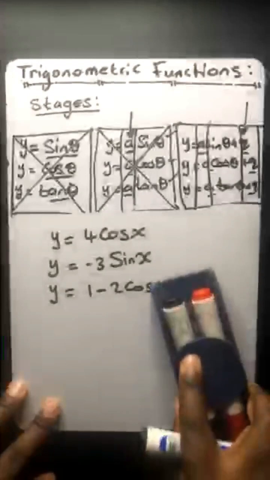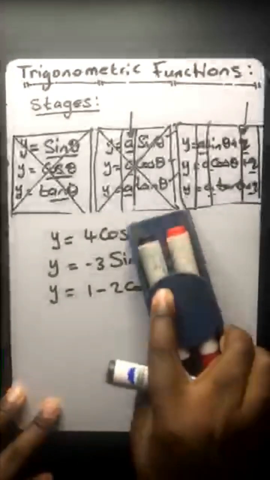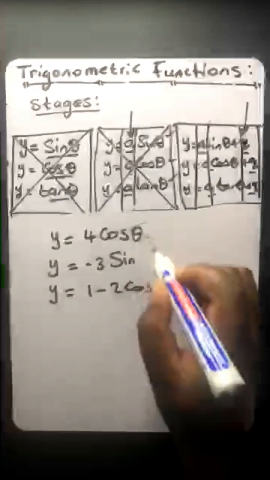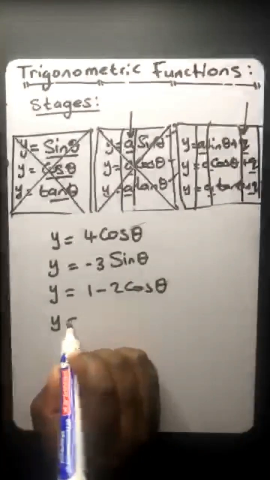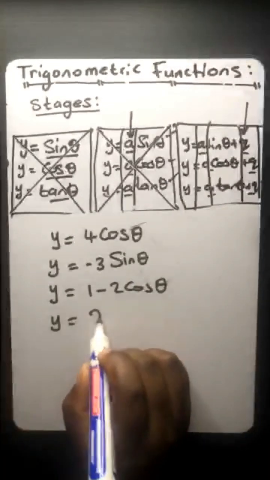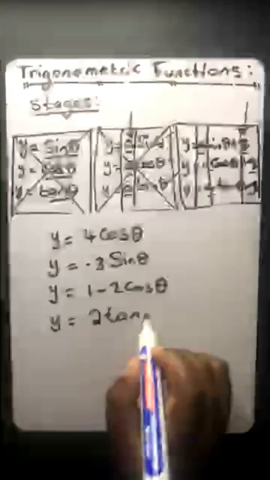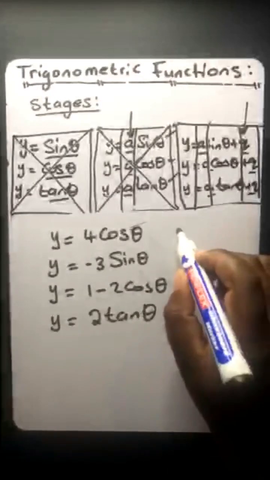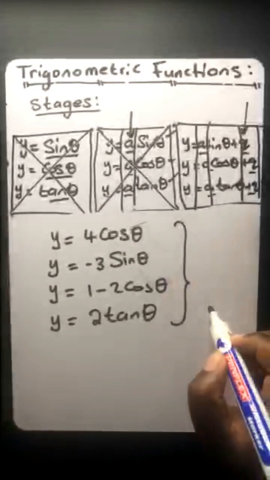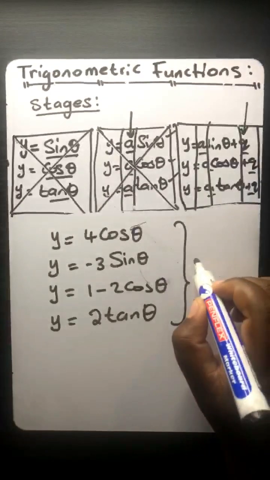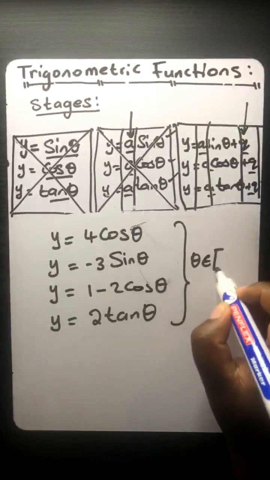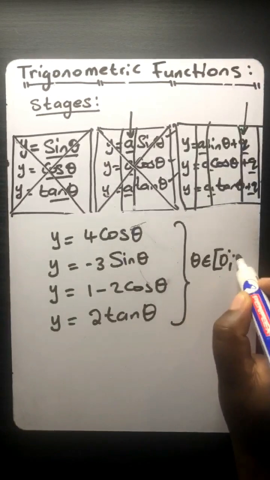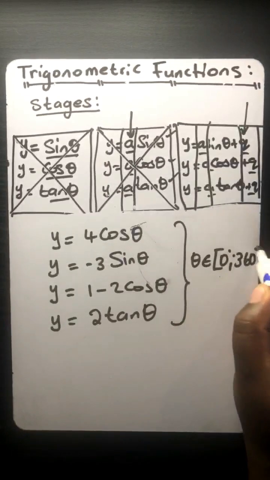Let me not confuse you with that x, and say theta instead. And the last one is 2 tan of the angle. You can just take a screenshot, and for all of these, the angle is an element of 0 degrees to 360 degrees.